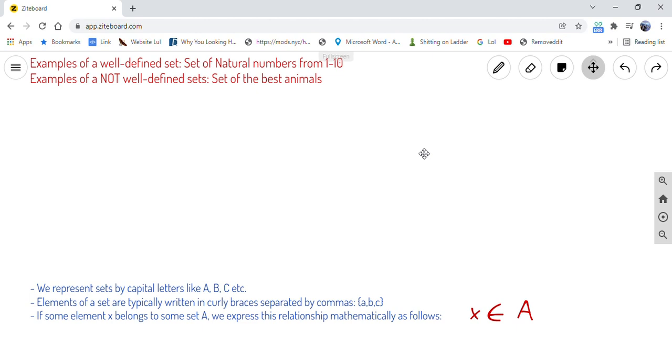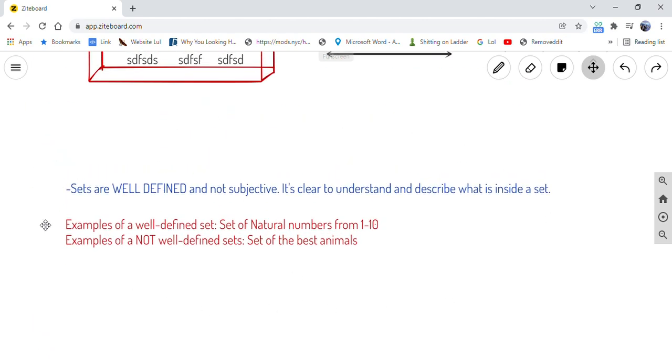So if some element x belongs to some set A, we can express the relationship with these symbols, where this is the symbol that means belongs to. So this element belongs to this collection, this set. Not all collections are sets, by the way. Sets have these certain properties: distinct, well-defined.